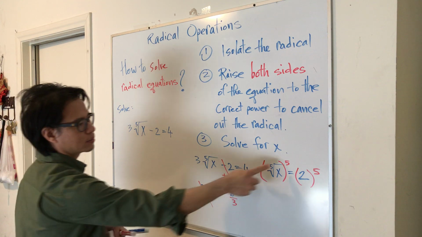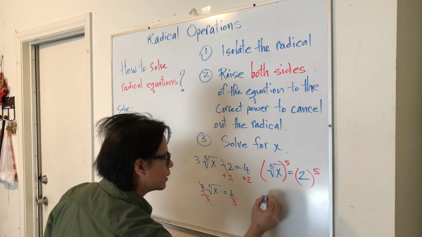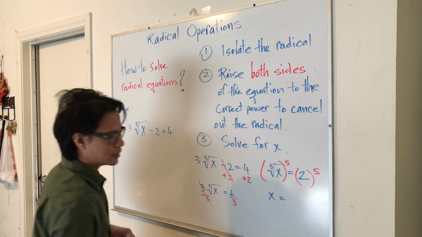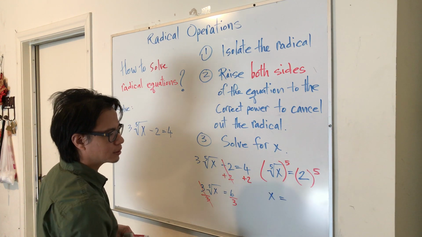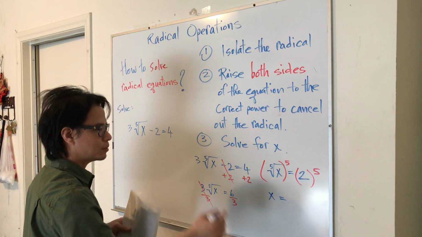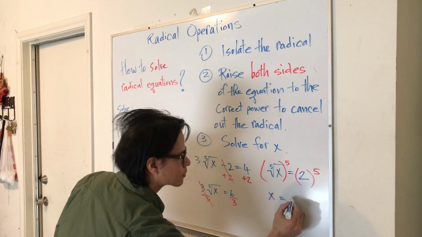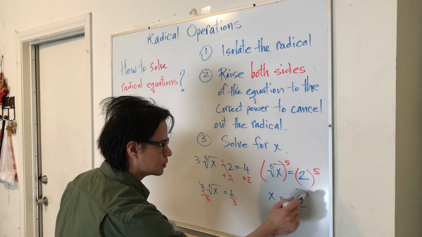Okay, so that will cancel out, and then you have x is equal to 2 to the 5th. So 2 times 2 times 2 times 2 times 2. And you're going to get 32.